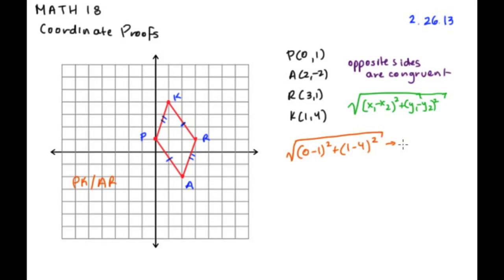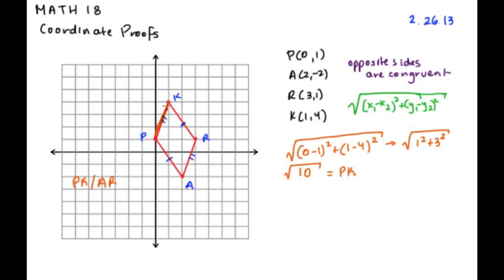This goes to 1 squared plus 3 squared, and that's 1 plus 9, which is square root of 10. Okay, square root of 10, and that equals the distance of PK. So that is this right here.